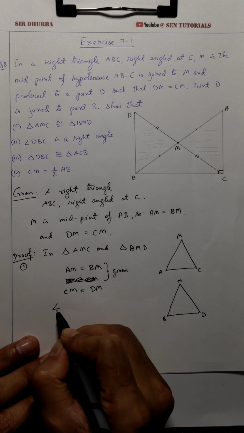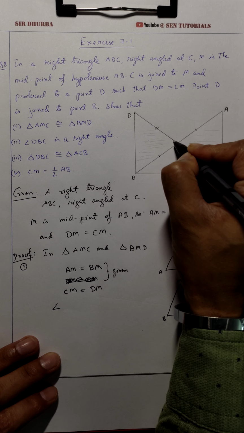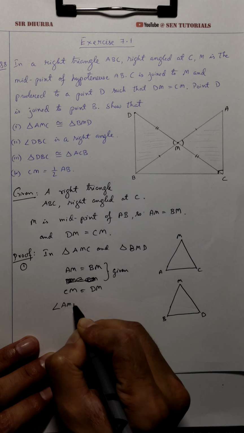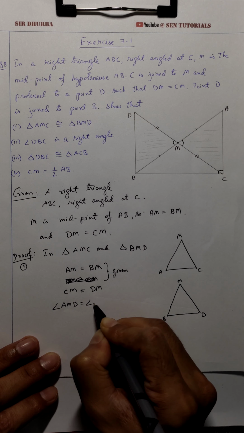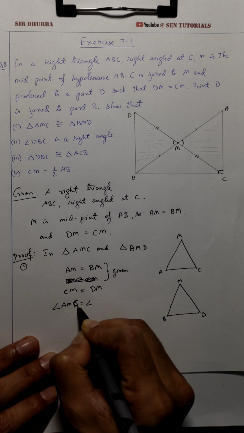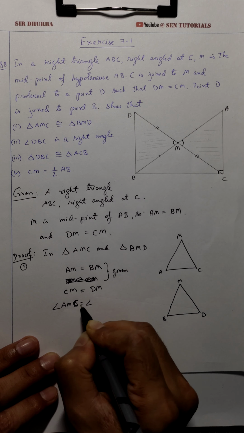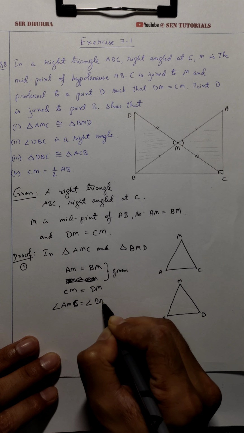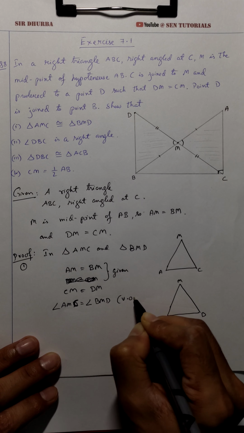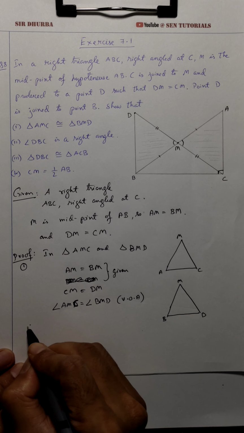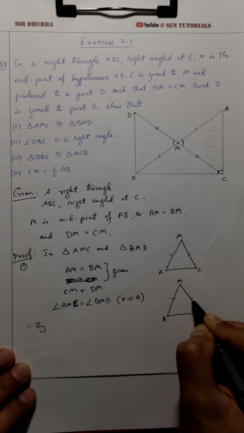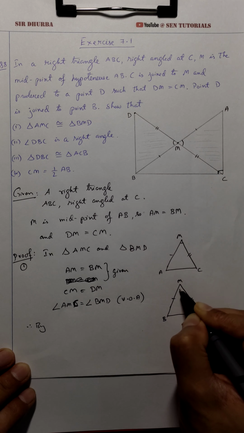And definitely these two angles are going to be equal, vertically opposite angles. Angle AMC is equal to angle BMD, vertically opposite angles. So therefore these two sides and the included angle are equal.